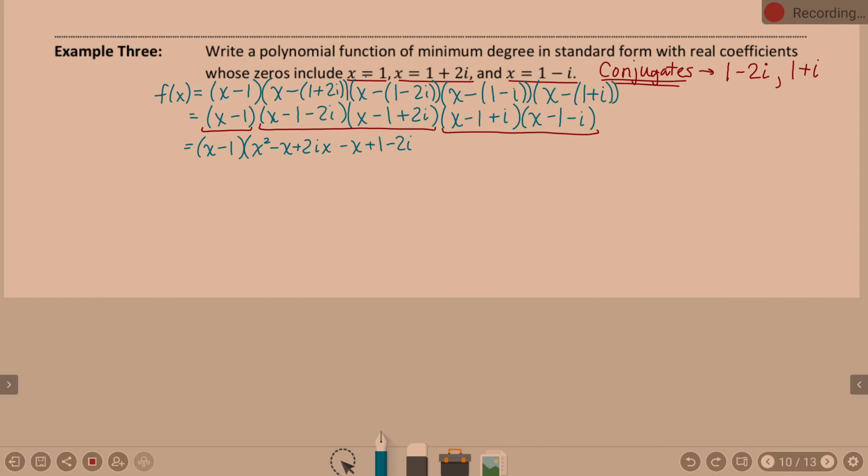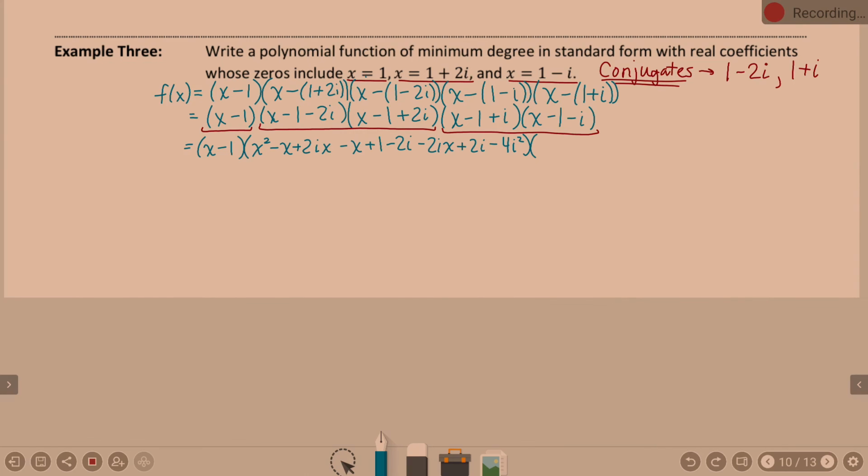Minus 2i times everything in the next parenthesis: minus 2ix plus 2i minus 4i squared. There's 9. You can come back and do the other side of 9 later if you want, or we can do it now. So I'm going with this x here times everything in the next parenthesis.